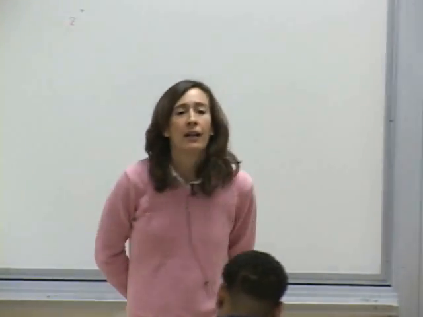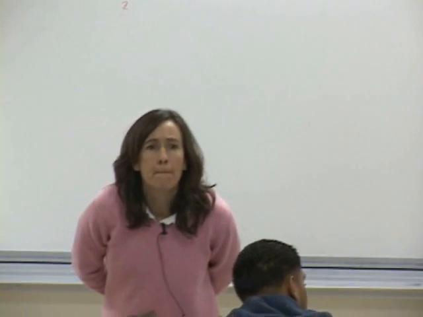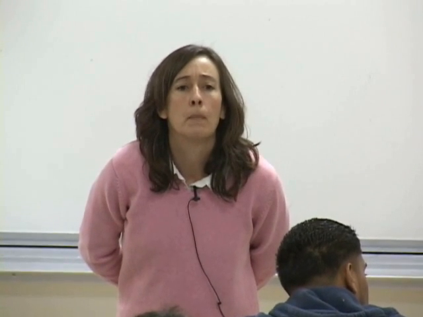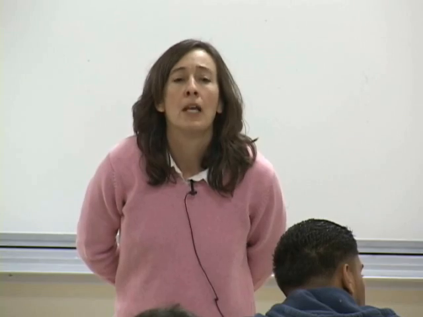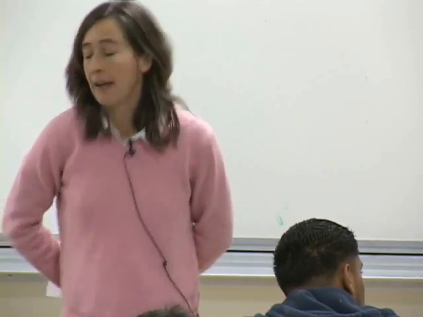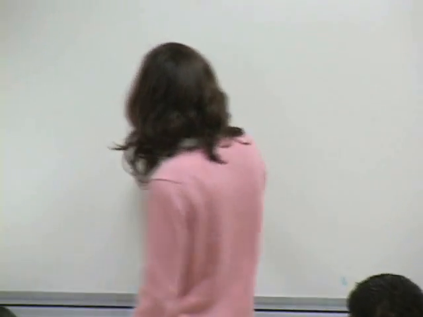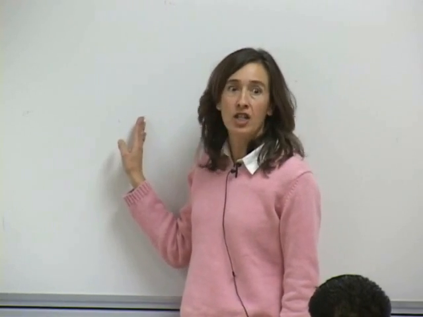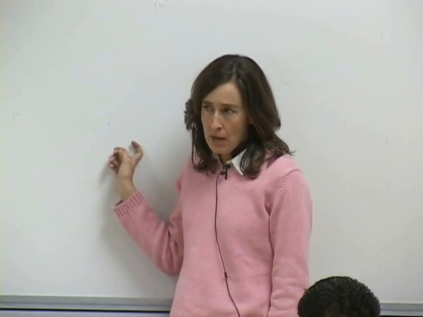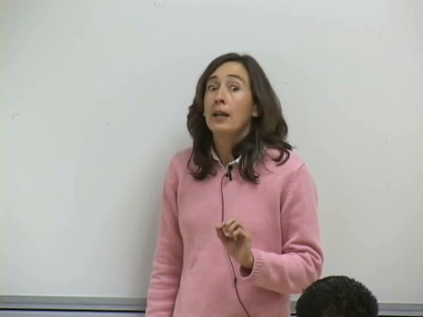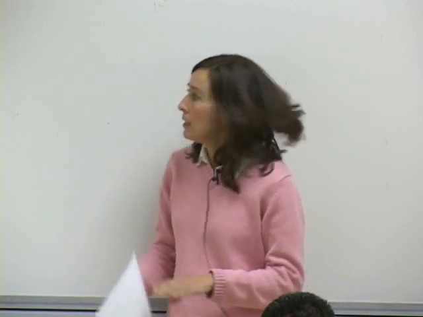Yeah? I just wanted to clarify, is the equilibrium rollback strategy the same thing as the equilibrium? Yes. What's your name? Amy's question is, is the equilibrium rollback strategy the same as the equilibrium? I'm going to really split hairs here. The rollback equilibrium is the same as the equilibrium.